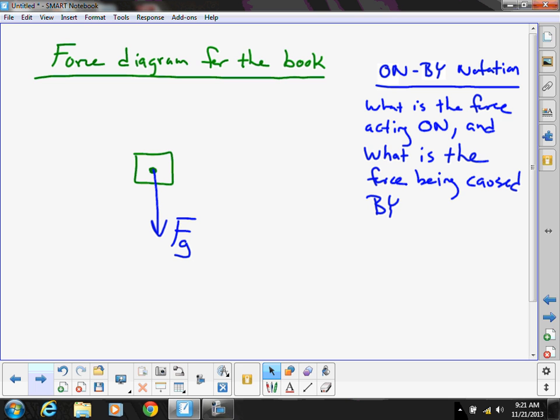So here we have our book, force of gravity is acting on it. Well, for our on-by notation, the force of gravity in this case is on the book, and it's being caused by its interaction with the Earth. So we had the force of gravity on the book by the Earth.